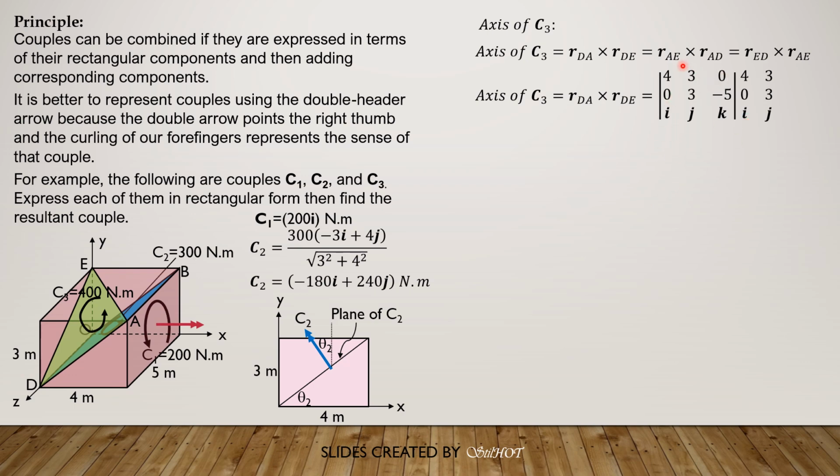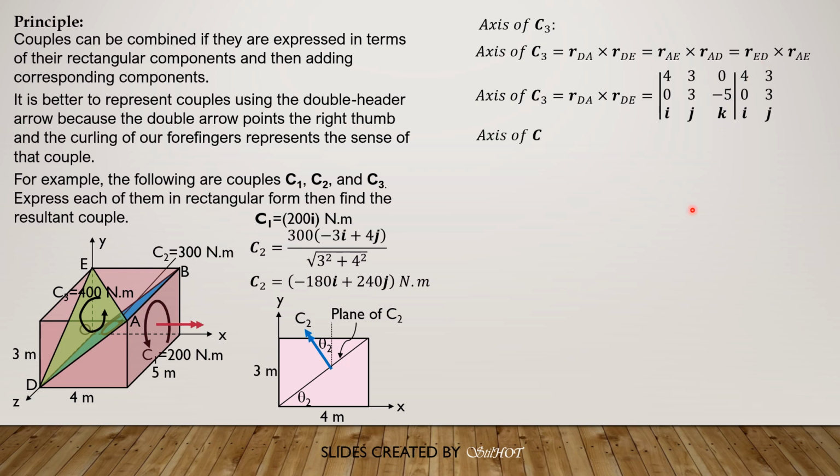So for i, it is 3 times negative 5 times i, so negative 15i minus 0, because 3 times 0 is 0. So negative 15i. Then for j, 0 minus negative 5 times 4, so 20j. Negative 15i plus 20j. Then for k, 4 times 3 times k, 12 minus 0.